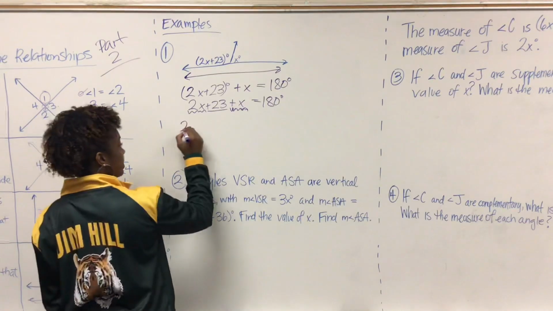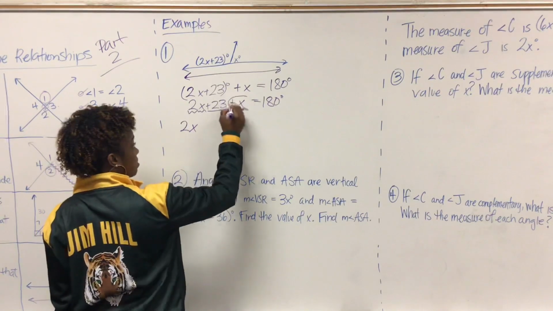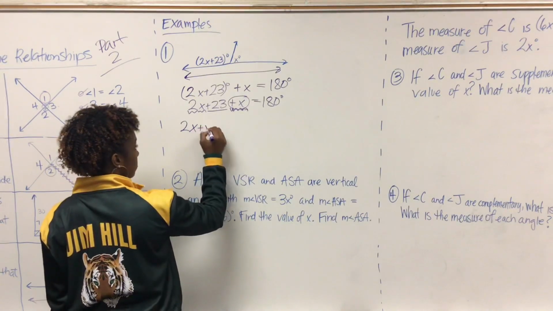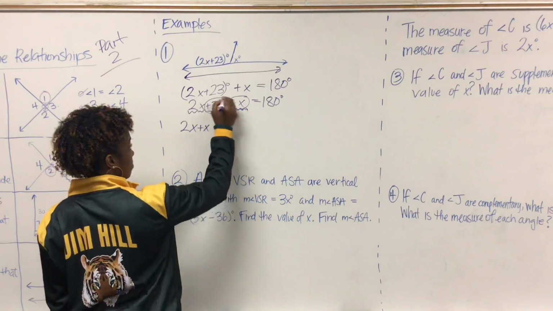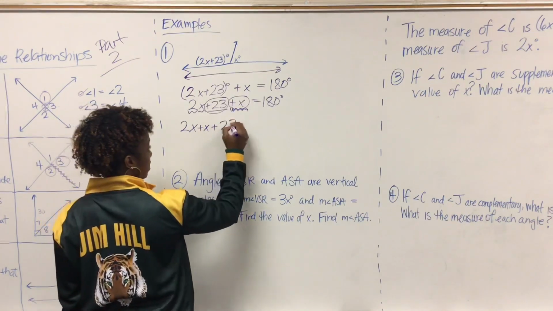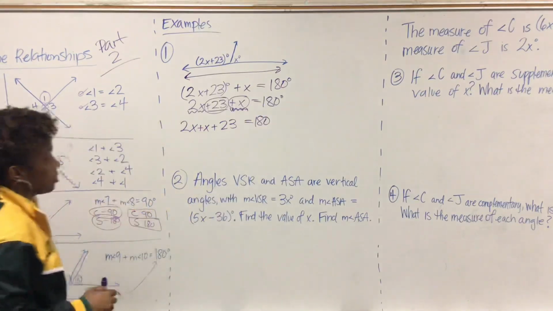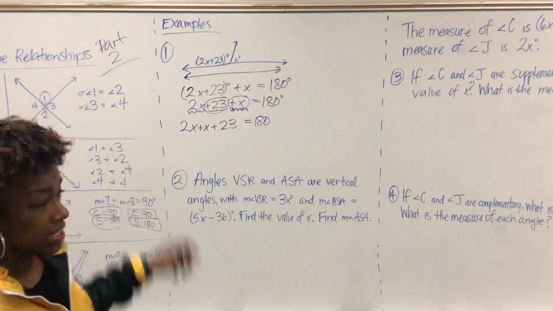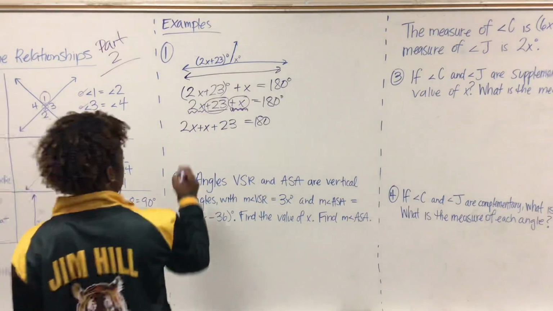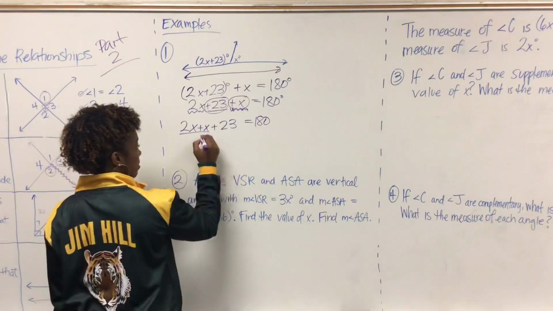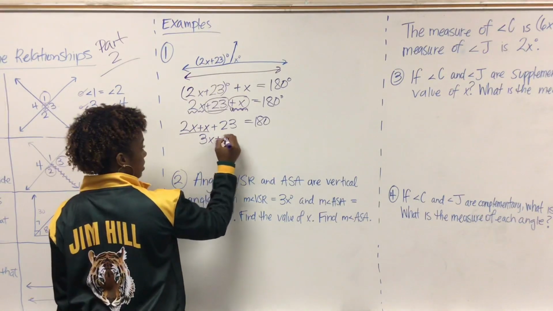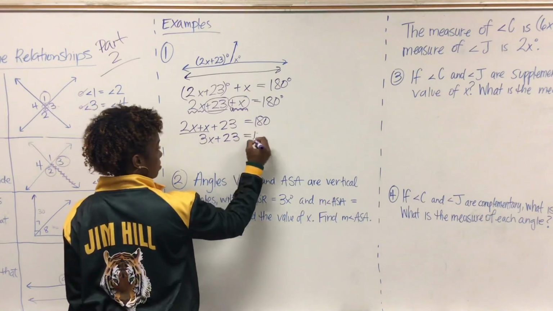So I have 2x already at the front, then I need to move plus x, and then I bring down plus 23, then equals 180. So all we're doing here, we simplified this equation. 2x plus x is giving me 3x plus 23 equals 180.